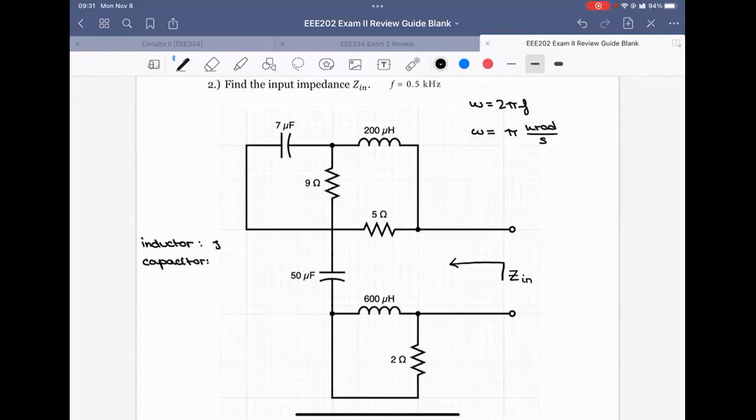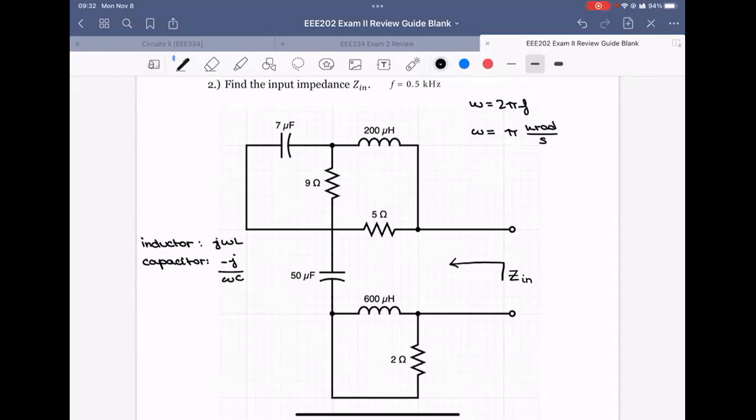Your inductor is going to be j omega L. And your capacitor is going to be 1 over j omega C. If you remember, 1 over j is negative j, and that's why the negative j is in the numerator here. So it's negative j over omega C.